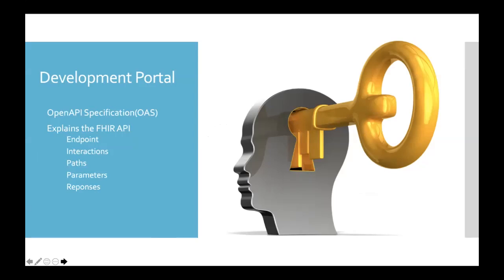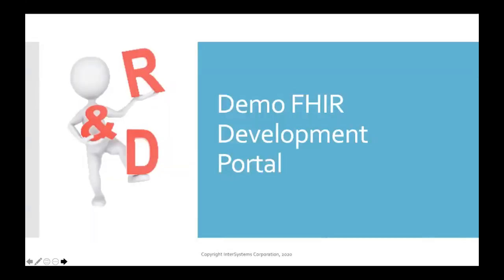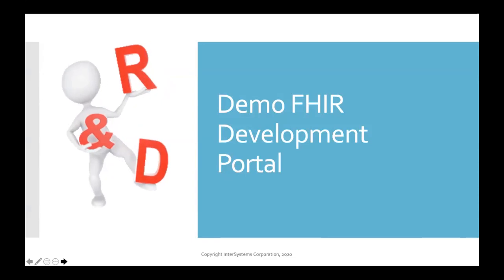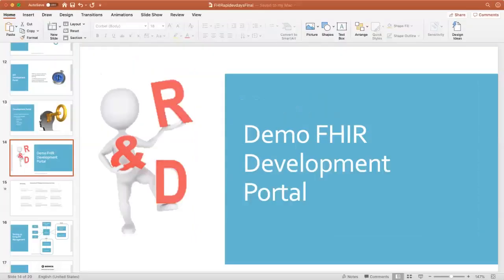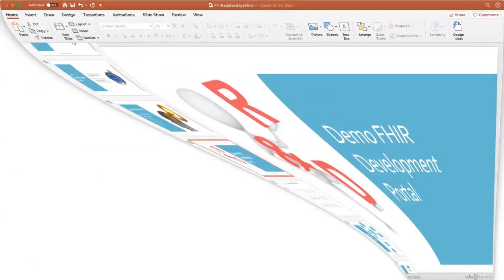The way to do that is to create an open API specification that explains what that FHIR server does. It will explain the endpoints, interactions, the paths, parameters, and responses of that server. And I'm going to show you exactly how that is done. So let me show you this in the first demo here, and we'll get started.